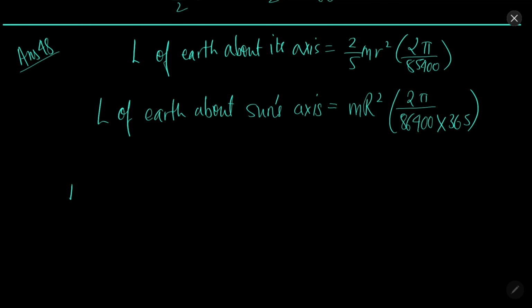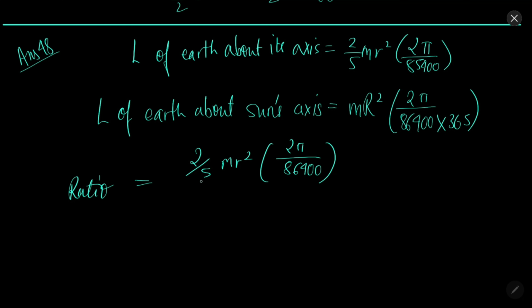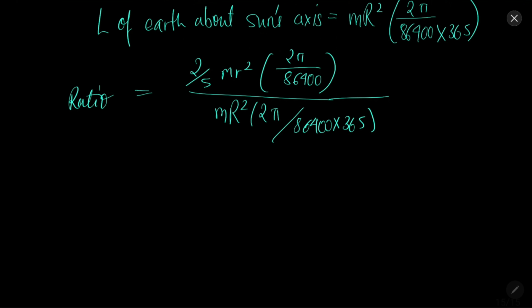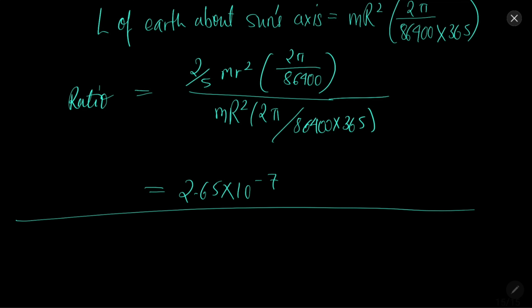So the ratio will be 2 by 5 mr square into 2 pi over 86400, over mr square into 2 pi over 86400 into 365. So this will come out to be around 2.65 into 10 to the power minus 7. The ratio will be this much.